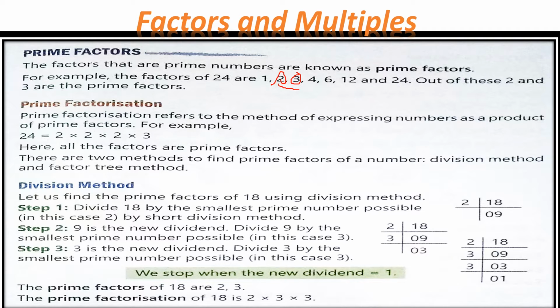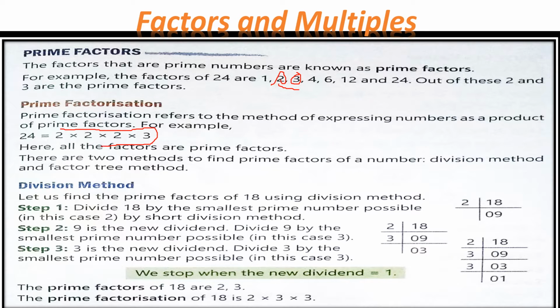So there are two different ways to find the prime factorization. Prime factorization refers to the method of expressing a number as a product of prime factors. Means we have to express the number by using prime numbers as a product.